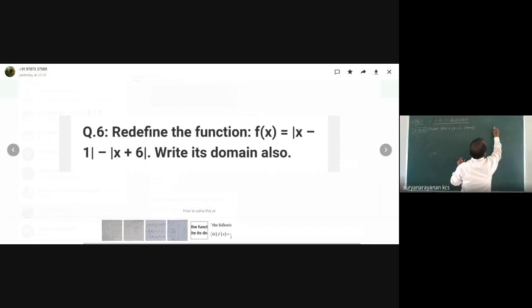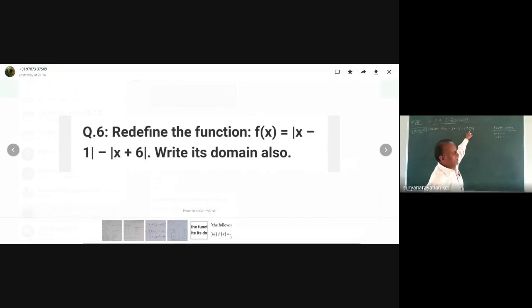So, in rough form, take that function which is given within the modulus symbol, and take that function equal to 0. Then solve this equation. x is equal to 1.